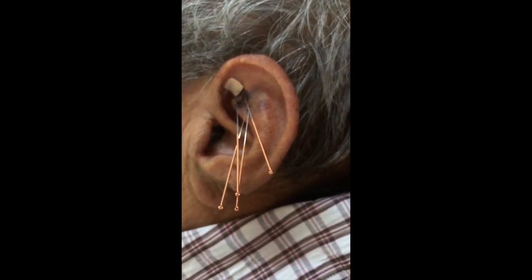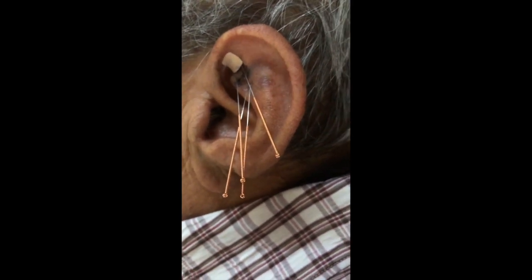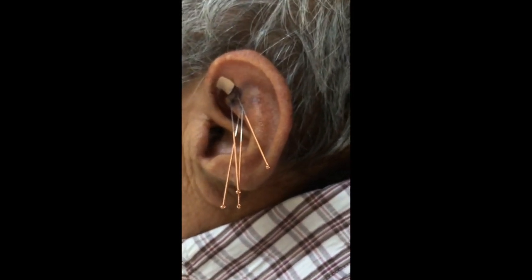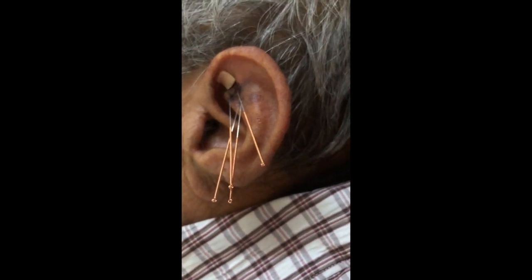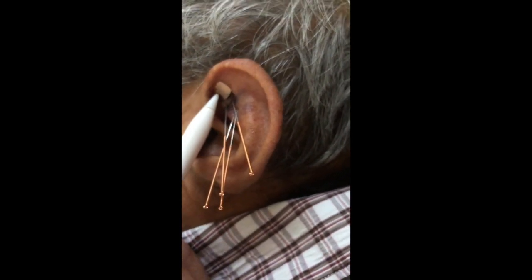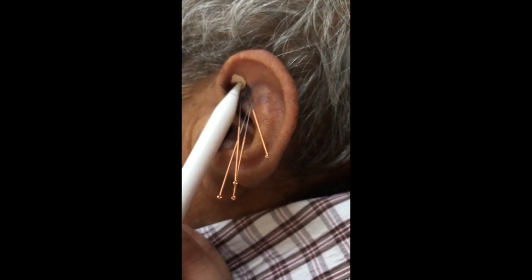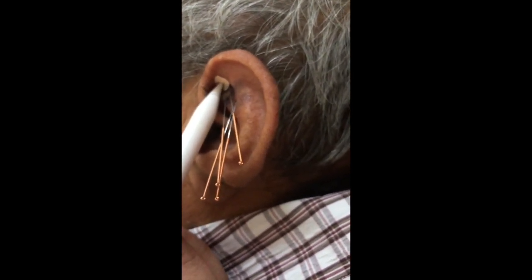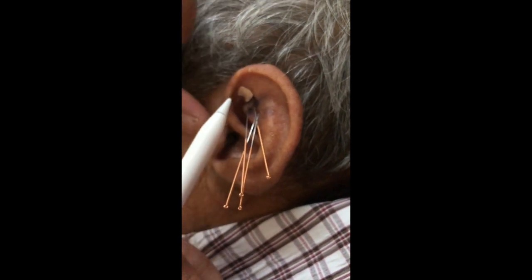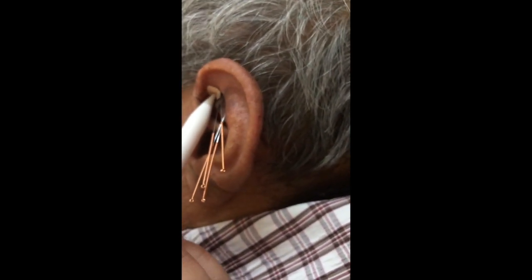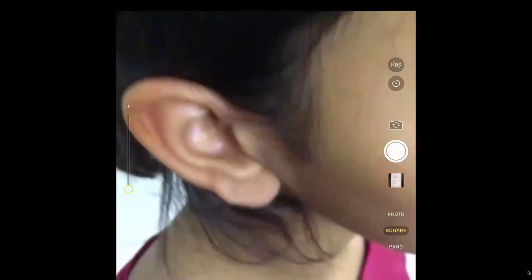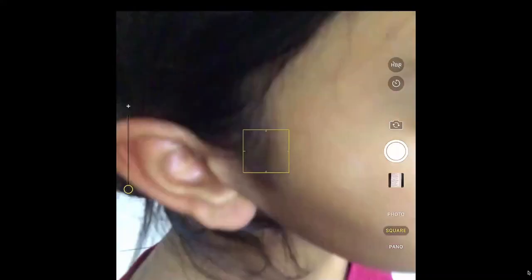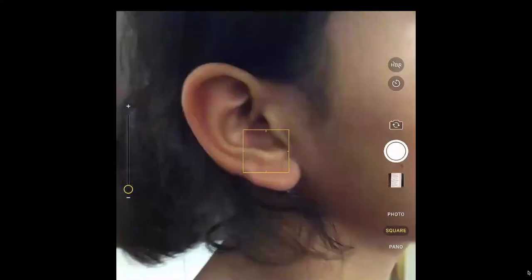And just below the high blood pressure point, the lower point will be the point of prostate in the male. This point, the lower point. So we can see the ear image very clearly.